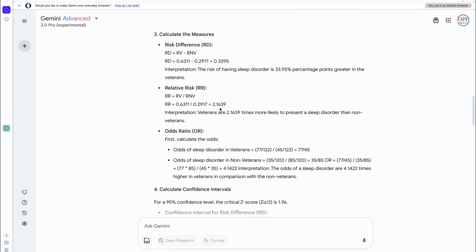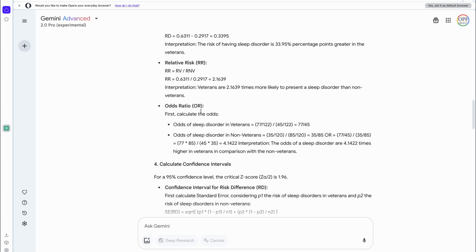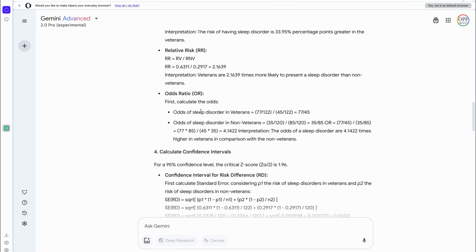It gets 2.1639, and it says veterans are 2.1639 times more likely to present a sleep disorder than non-veterans. So absolutely spot on. When it comes to the odds ratio, it does the multiplying along the main diagonal of our contingency table divided by the product across the cross diagonal.